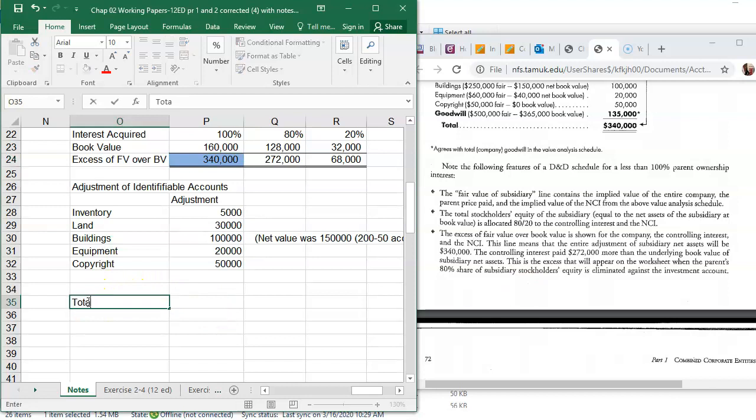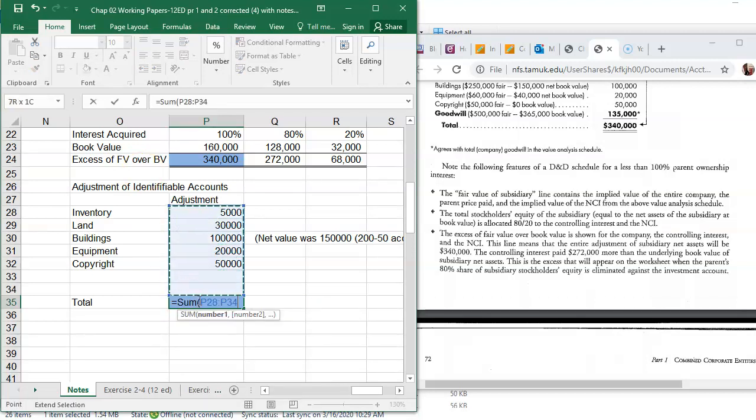This total should equal the 340. I'm going to put a formula in right now. I forget that I'm not on a template and it's not automatically doing it for me. Right now it has 205.